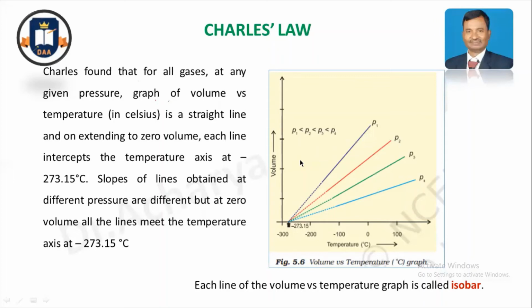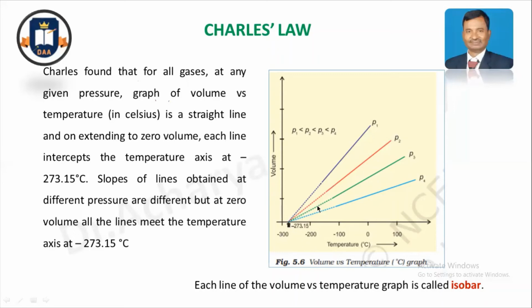And now, on the right side you see one graph. As I told, pressure denoted by P will remain constant, and the amount of the gas should also always be fixed. In this case, at different pressures, we can get different straight lines when you plot the volume of the gas against the temperature of the gas, and in this case the temperature is in degree centigrade.